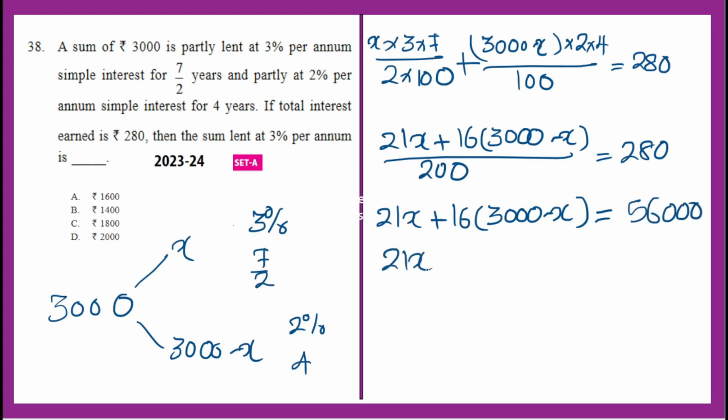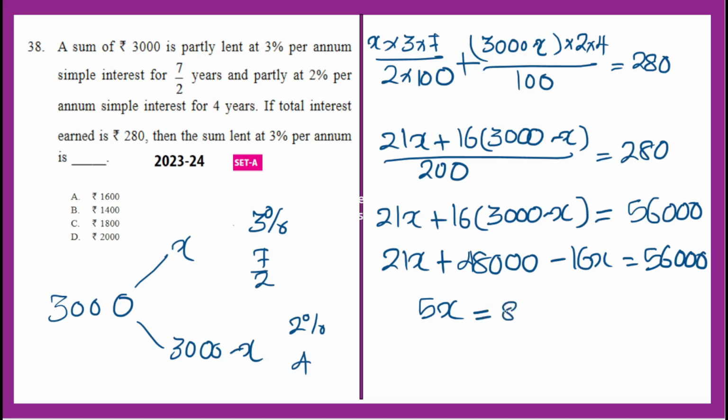Now 21x plus 48,000 minus 16x equals 56,000. Now 5x as 8,000. But x as 1600. Now the answer is rupees 1,600.